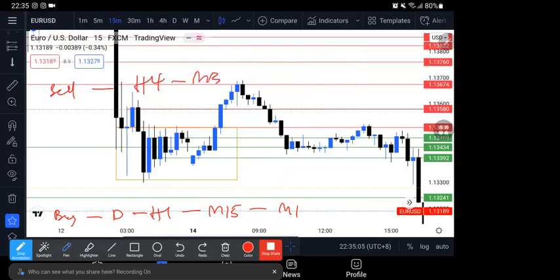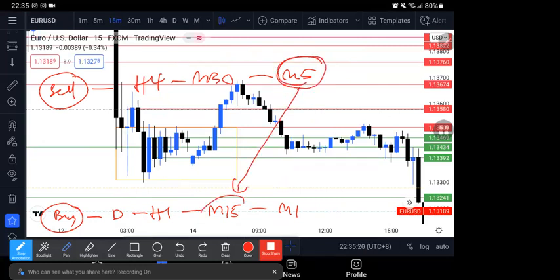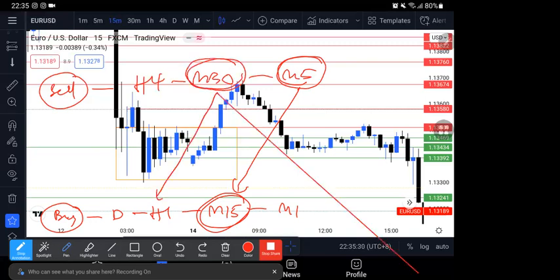H4, H1, M30, M15, M5. Like I say, in order for the sell to succeed, you need to break the buy, right? So when we are entry at M5, we are expecting M15 break. So what to do next? The next thing is we wait for M30 structure to complete and then it breaks the H1. And if it did break the H1, we just gonna wait for the H4 setup to complete and then do the same thing.